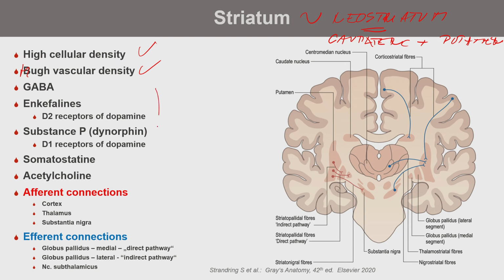They use also other transmitters, but important, we have afferent connections. Afferent connections to striatum are from cortex. From different parts of the cortex, they have a stimulating relay. They have also an important relay with thalamus. Those are stimulating, glutamatergic relays.